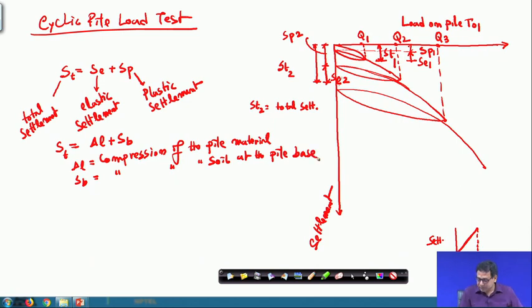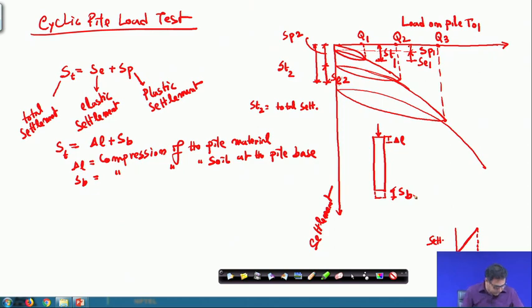So, that means, if this is a pile and we apply the load, the pile material can settle, that is del L, and the soil can settle also, that is your SB. So, the total settlement is the summation of SB and del L.